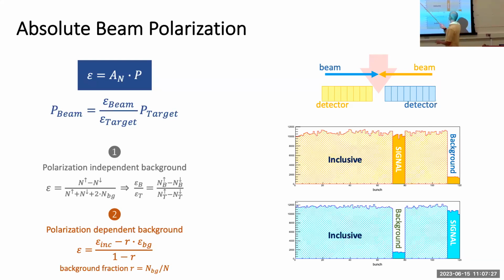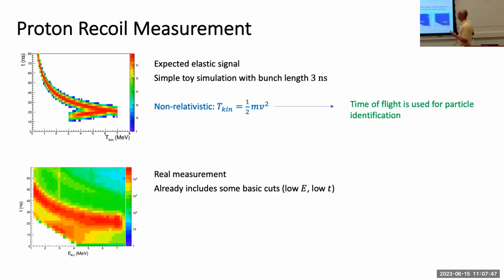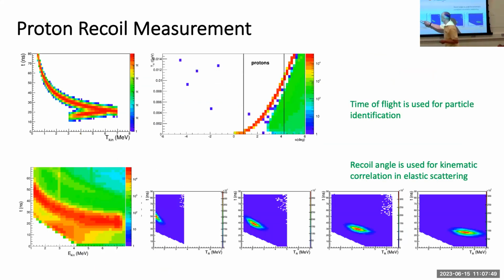Now, if you want to put this all together, as I said, we have these 2 beams here, blue and yellow. We have these different detector setups. We compare these asymmetries. We know the target polarization. So we measure the beam polarizations. If you look at what we had before here, if you look at all this background region, you can also look at an asymmetry that you would measure here, try to interpolate that between or under the signal that you have.